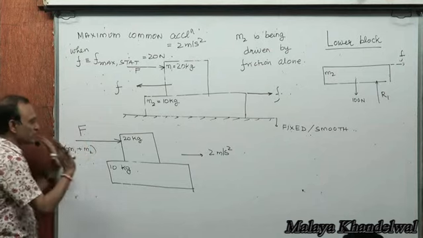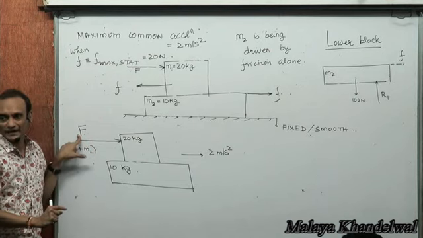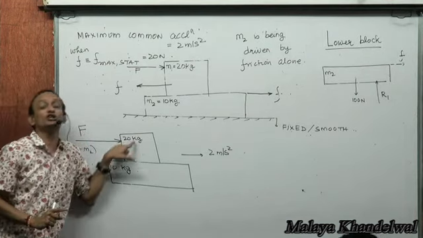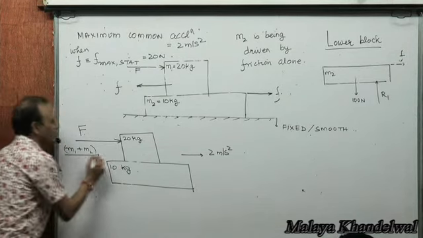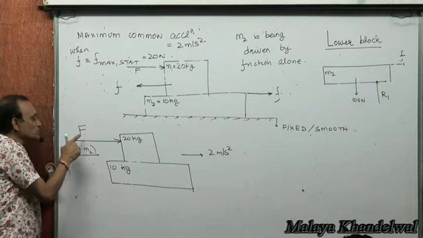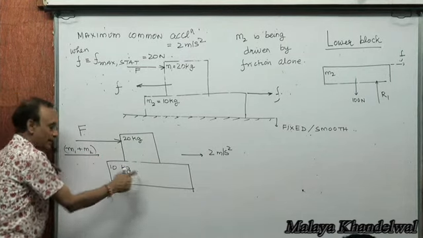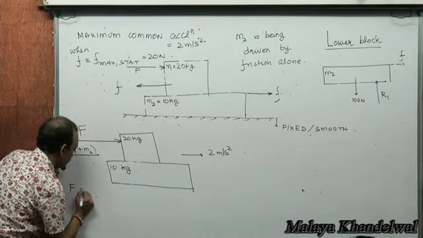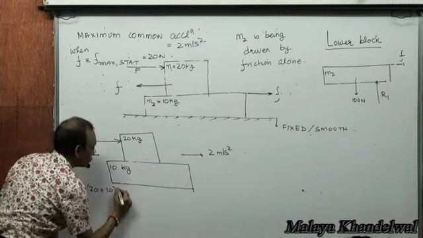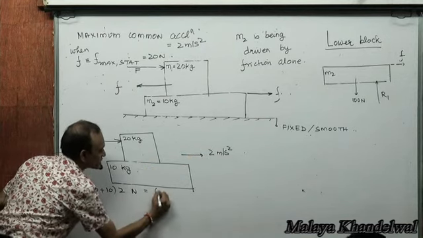Then the only external horizontal force will be capital F. Friction that they exert on each other will be an internal force. So then, let me apply Newton's second law to the system comprising m1 and m2. So what would F be? F would be (20 plus 10) into 2. Yes or no? Which is 60 newtons.